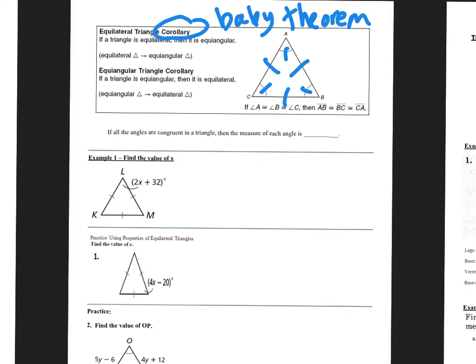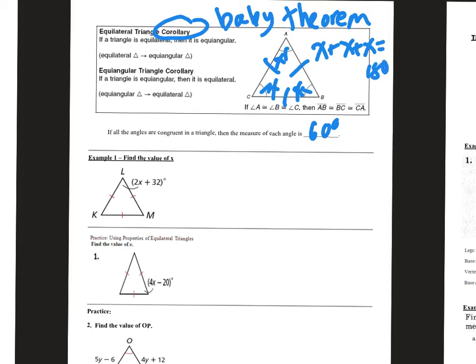So if all the angles are congruent in a triangle, then the measure of each angle is 60 degrees, right? We can think about it as, if we don't know the measure of one angle, we know that all three angles are also going to be the same, so I'm going to represent that with the variable x. And I know using my triangle sum theorem that x plus x plus x should equal 180.